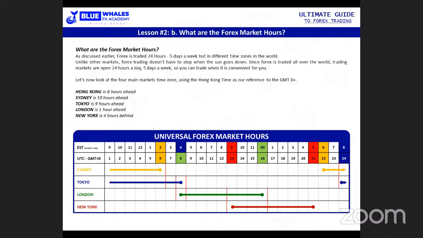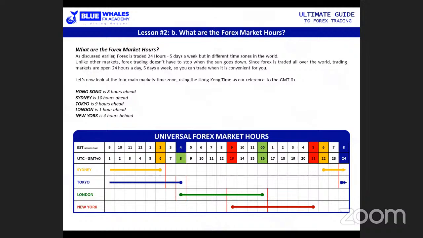Let's now look at the four main market time zones, using Hong Kong time as our reference to GMT 0. Hong Kong is 8 hours ahead. Here in Ghana, for instance, it is about 1:50 now.